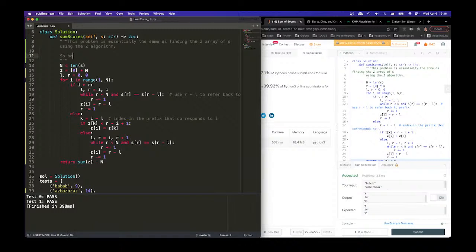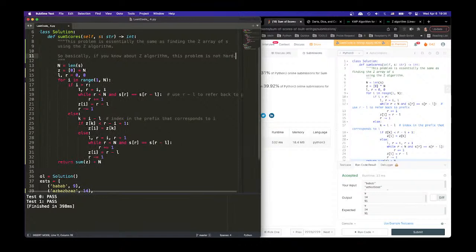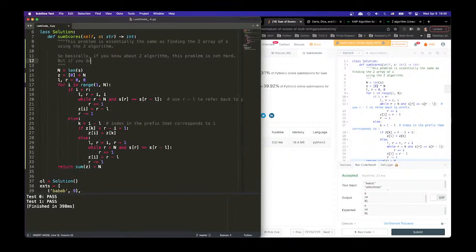So basically, if you know about the Z algorithm, this problem is not difficult. This problem is not hard. But if you don't know, it is very challenging to figure out the Z algo.